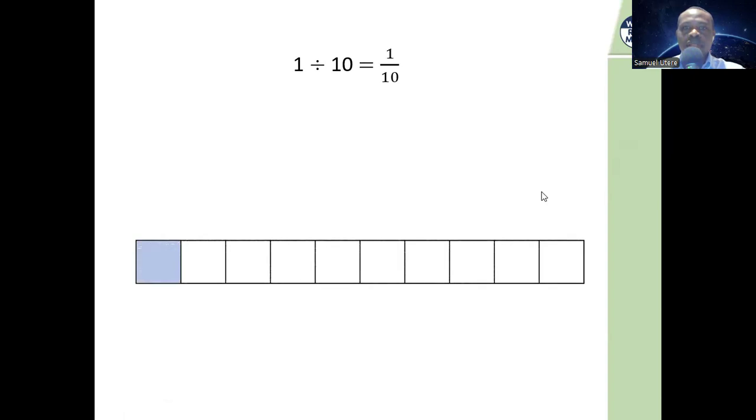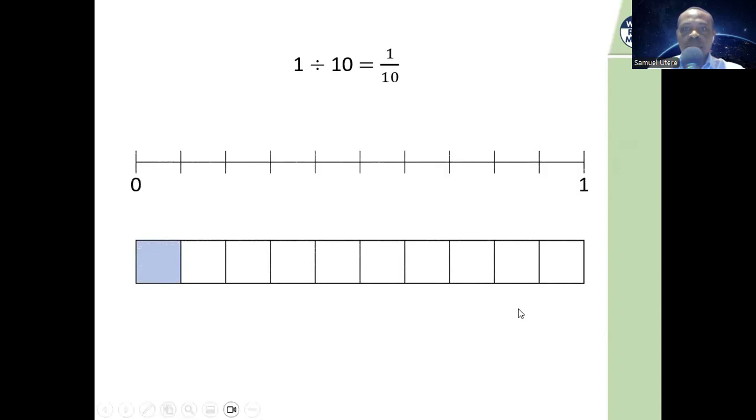If we represent the same on an equivalent number line, we're going to get a number line of equal width as this bar from 0 to 1, and then that should be a tenth. If we shade the second one, that will be 2 tenths, 3 tenths, and so on and so forth.